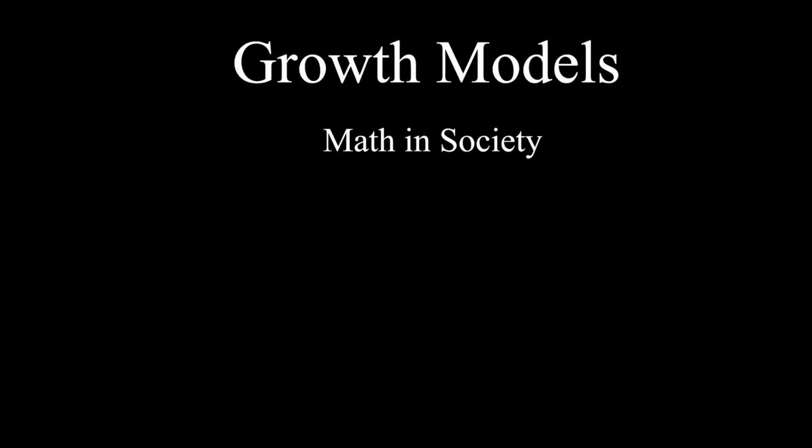Substituting this into our original exponential growth model for r gives P sub n equals P sub n minus 1 plus 0.1 multiplied by (1 minus P sub n minus 1 divided by 5,000) multiplied by P sub n minus 1.